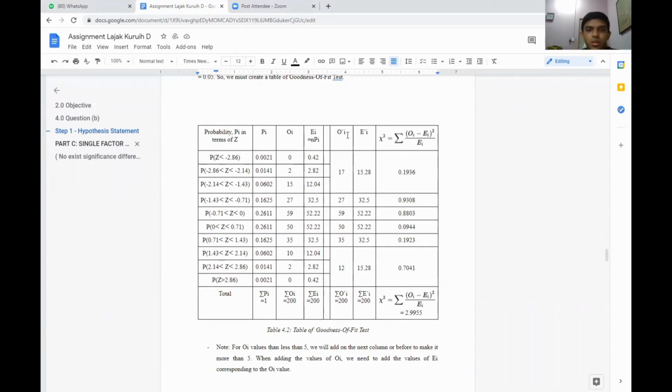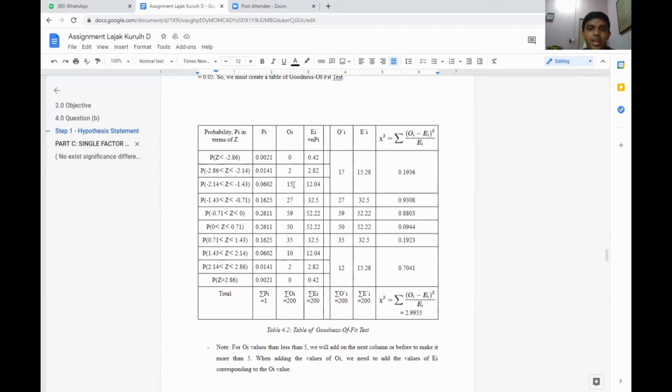So, what is the meaning of OI here? The rule for OI and also EI is that the value must be greater than 5. So for example, this one is 0. So we must add it with the ones below it, which is we must add 2 and then add 15, because when adding only 2, it will not be greater than 5.